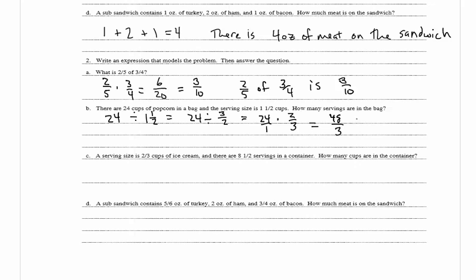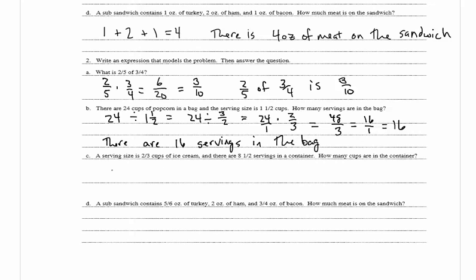And 48 and 3 are both divisible by 3. And when we divide them both by 3, we get 16 over 1, which is equal to 16. So we could say there are 16 servings in the bag.